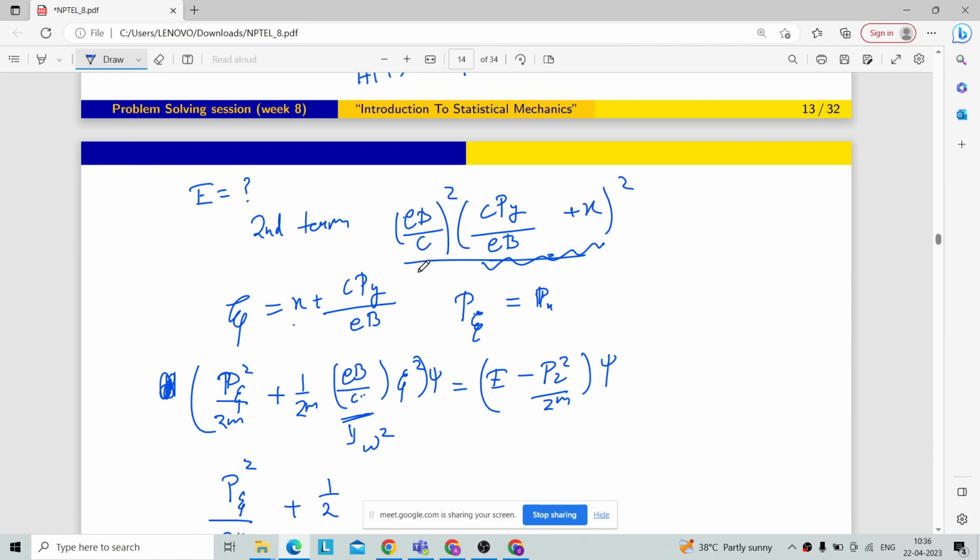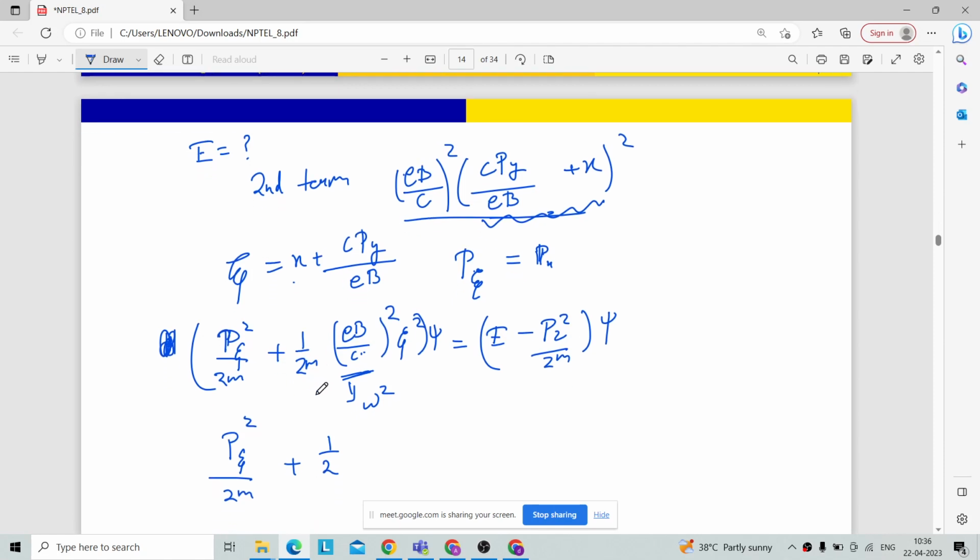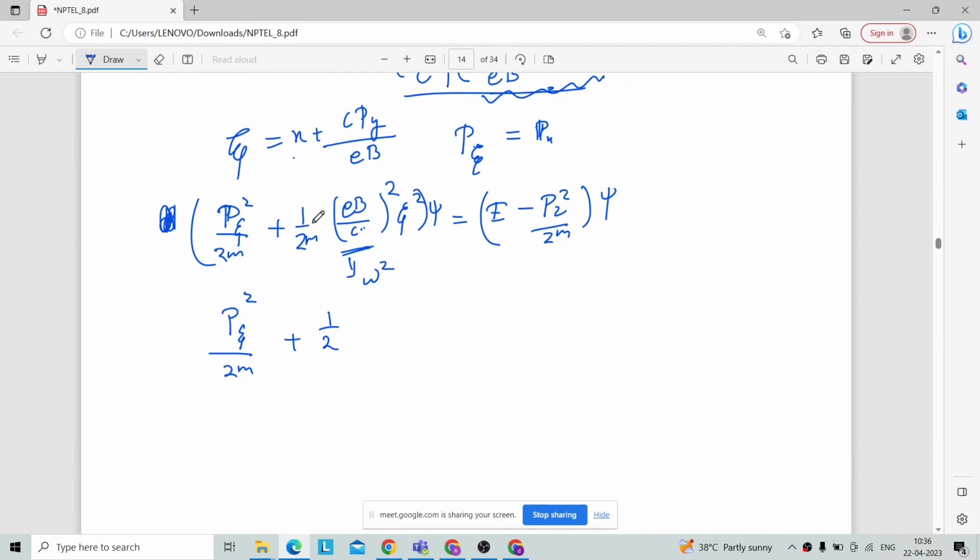E b over c, right? Now it's a square. So I need a term like a harmonic oscillator, a term like half m omega square x square, right? So I need to somehow get an m here. So for that, let me multiply m square here and m here.